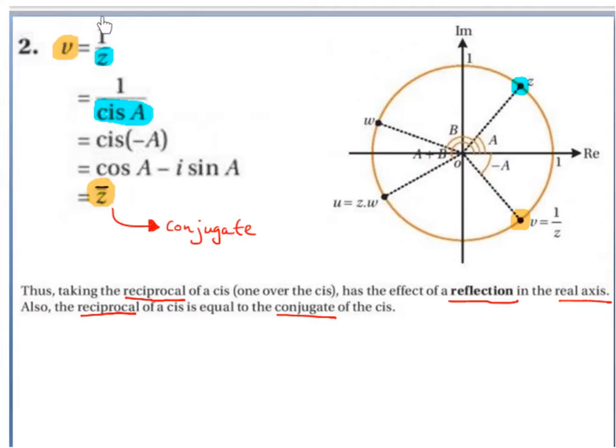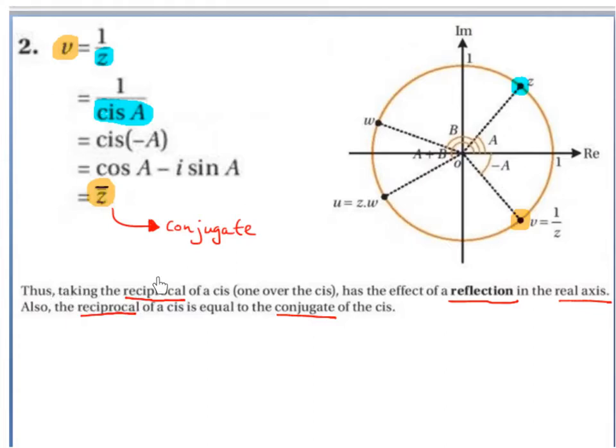So v is equal to 1 over z, which is 1 over cis A. And to invert a cis, we change the sign of the angle, so this gives us cis of minus A, which is cos A minus i sin A, which is the conjugate of z. So to get the conjugate, remember we just change the sign of the imaginary part. So this is the conjugate of z, because z was cos A plus i sin A.